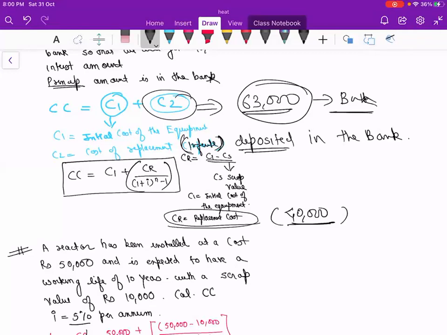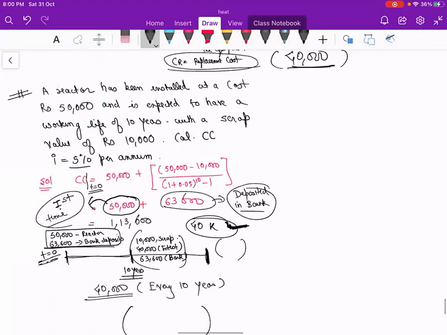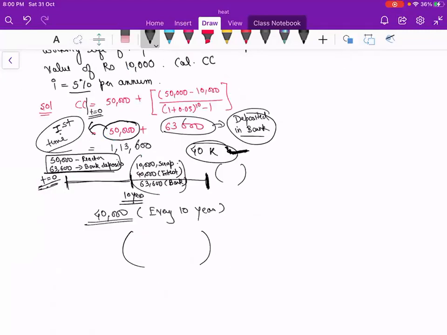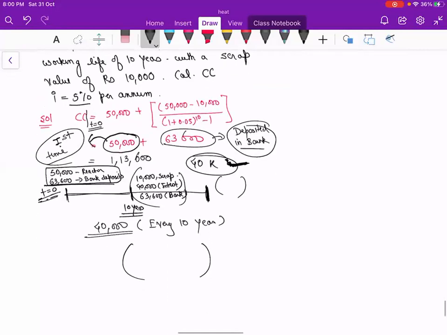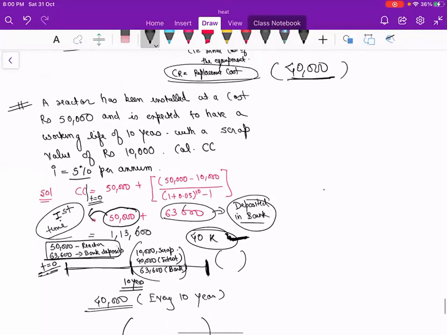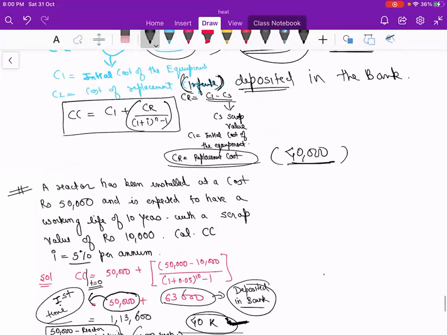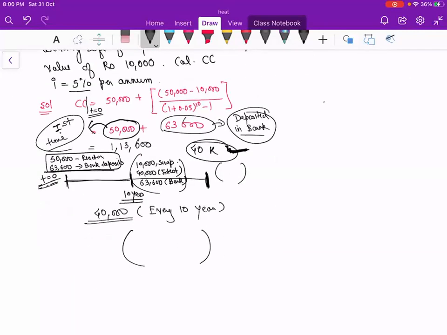So it depends on you. You can purchase the new equipment, or you can use that money for the maintenance of that equipment also. See, C1 will be 50,000.